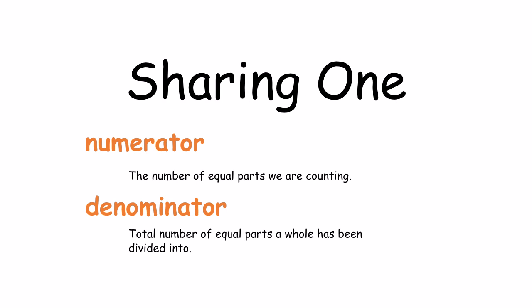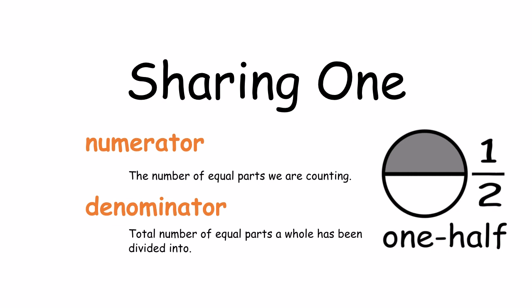When we had our one packet of mints, we divided it into two equal parts because there were two children, so the denominator is 2. Each of the children got one of the 2 parts, so the numerator is 1. So each of the children got 1/2 of the packet. So we know 1 divided by 2 is 1/2.